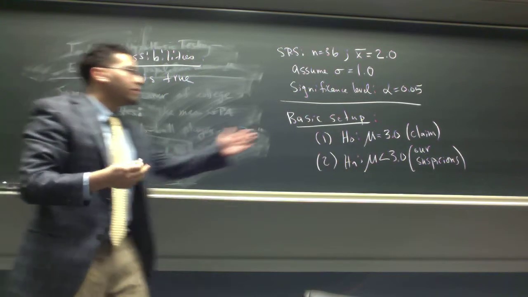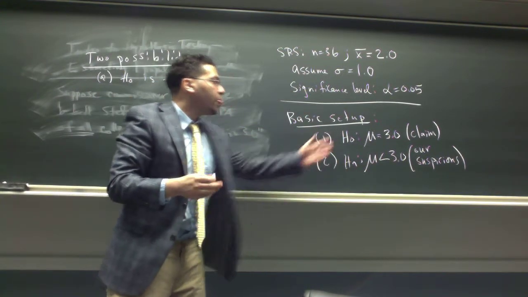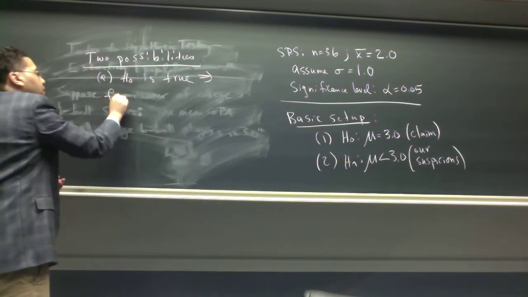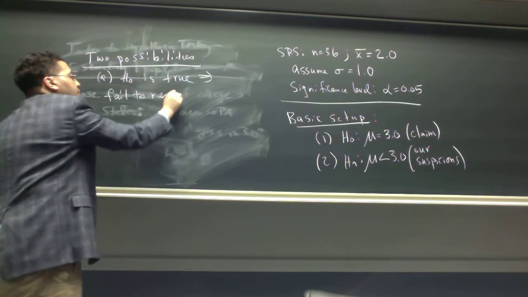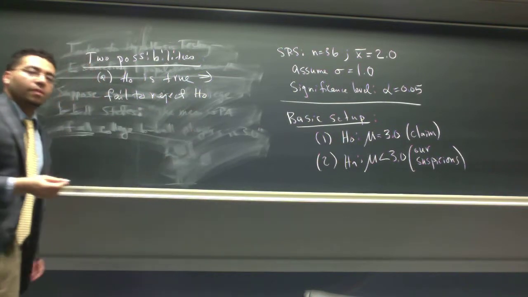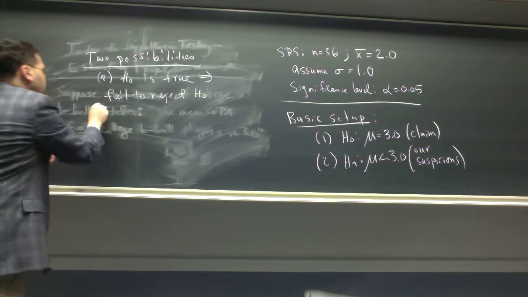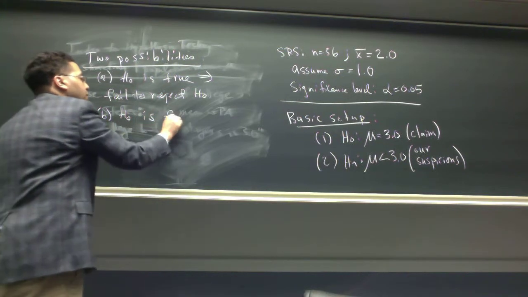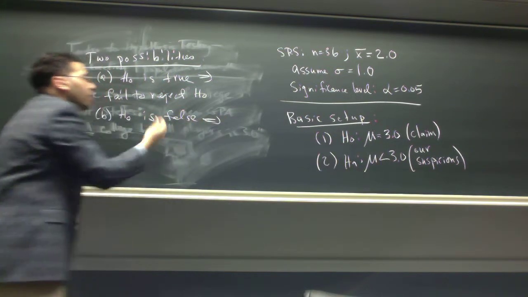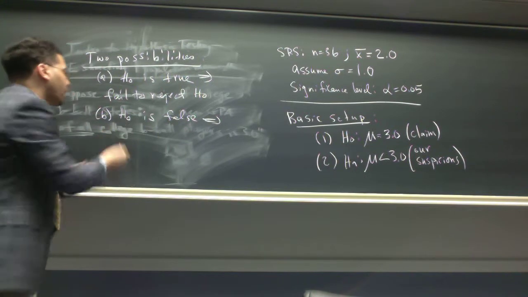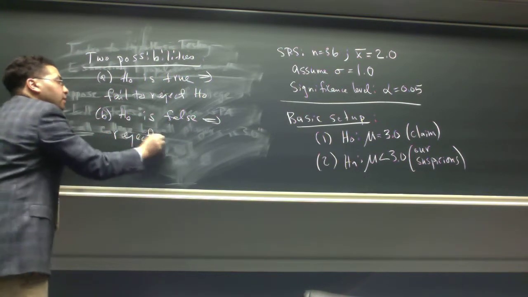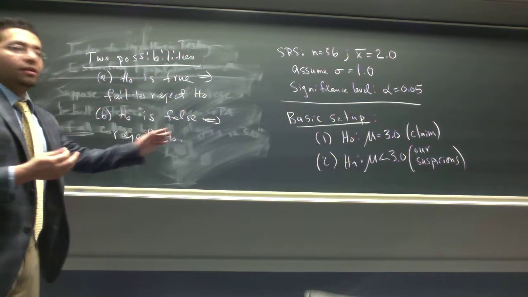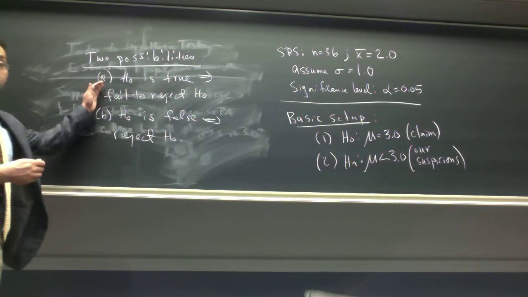If the null hypothesis is true, or the claim is true, we're going to fail to reject the null hypothesis. If the claim is false, or in other words, if the null hypothesis is false, then we're going to be inclined to reject the null hypothesis. Okay? So whatever conclusion we make, it has to be one of these two. Either the claim is true or the claim is false.